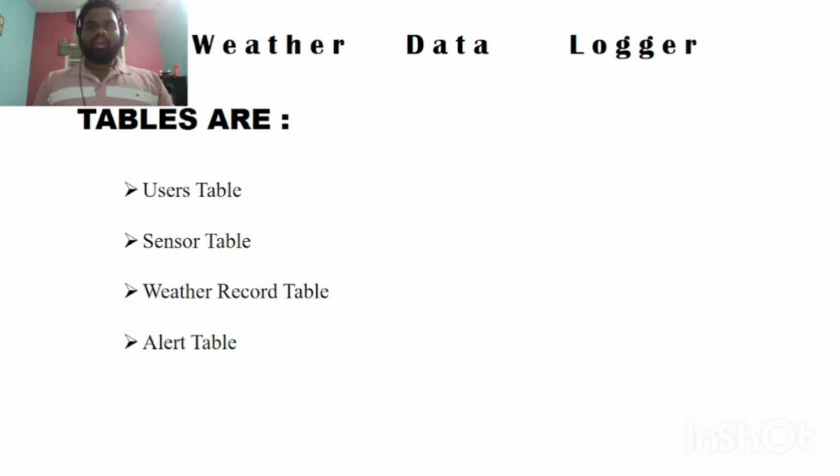In weather data logger, what are the tables that we are using? That are user table, sensor table, weather record table, alert table.